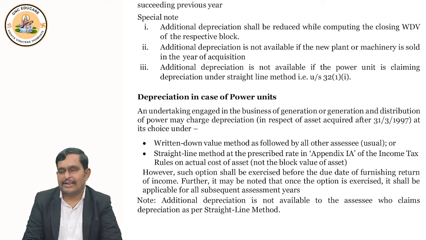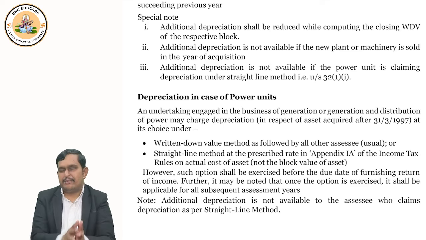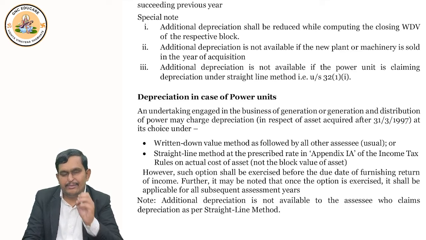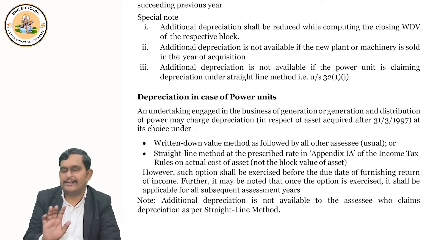Correct? Very good. Now, suppose it is a power generating unit. Power generating units have one special option: they can claim depreciation on straight line or WDV. If power generating units claim depreciation on straight line basis, then no additional depreciation for them.